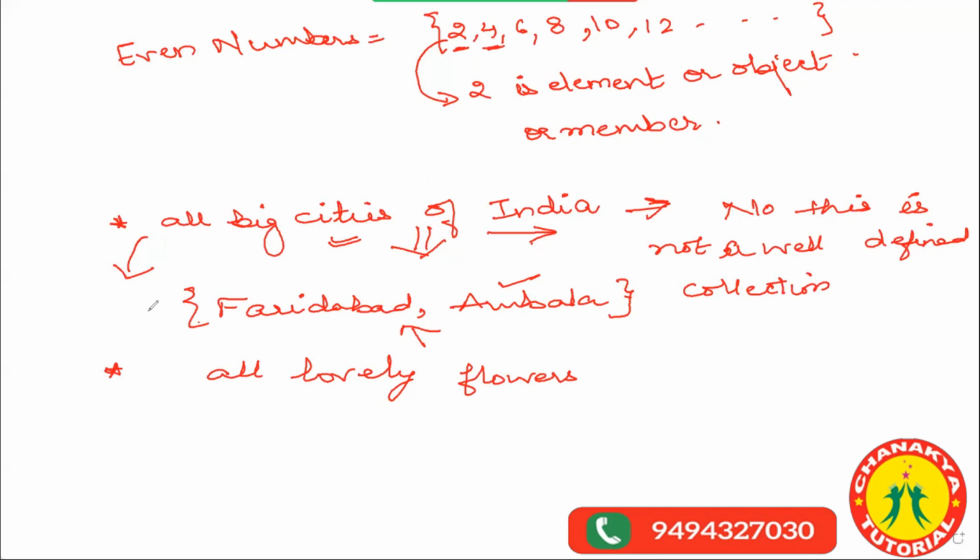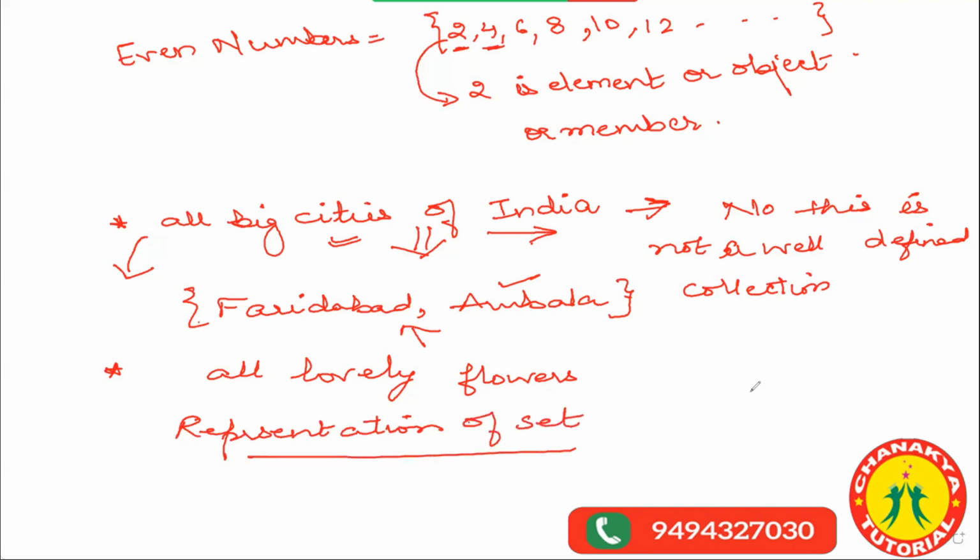And suppose, children, if you are representing any set, representation of set, on the left hand side your alphabet should be in capital letters. So A would be, if I'm representing here, 2, 4, 5, 6, 7, 8.